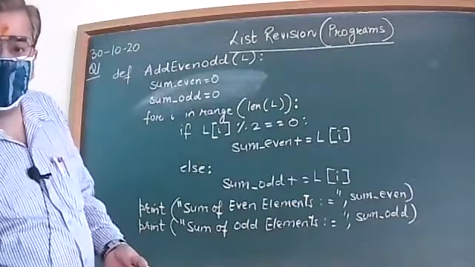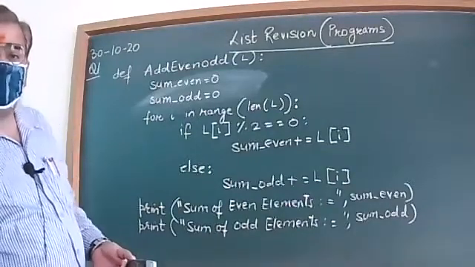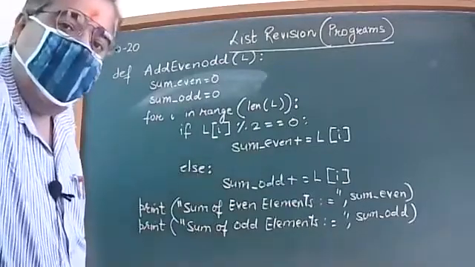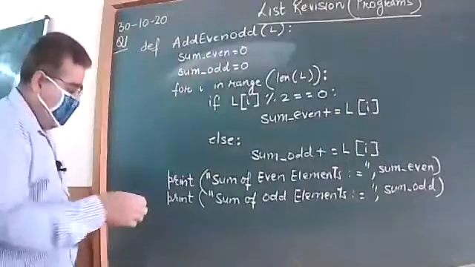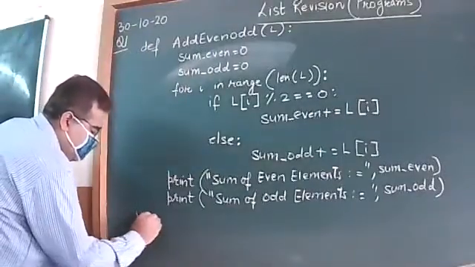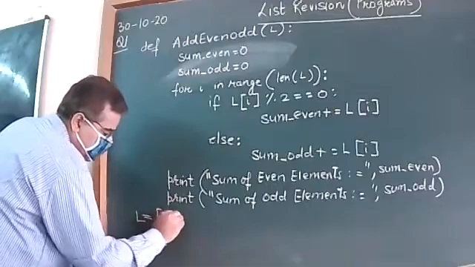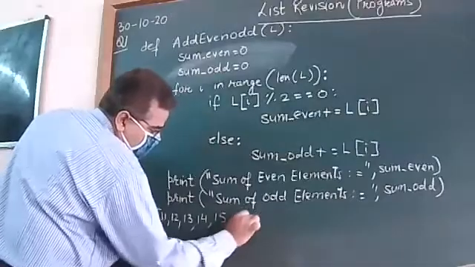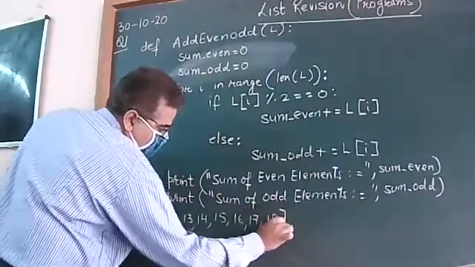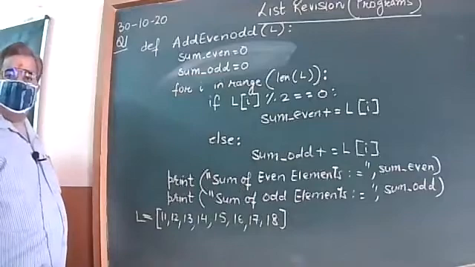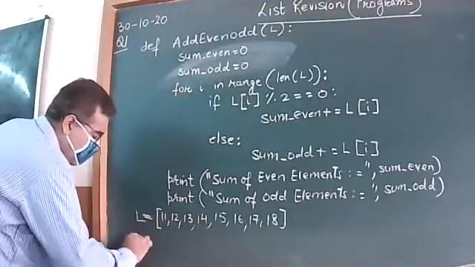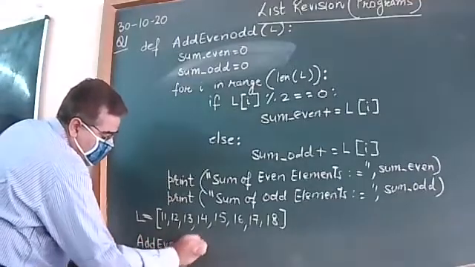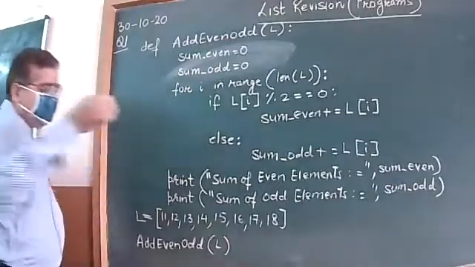Right? Now, in the main function, what I will do, I will create my list and I will call the function and I will pass my list as parameter.